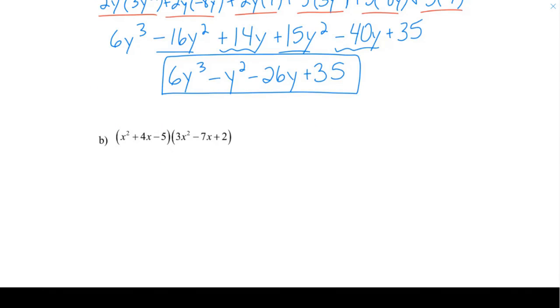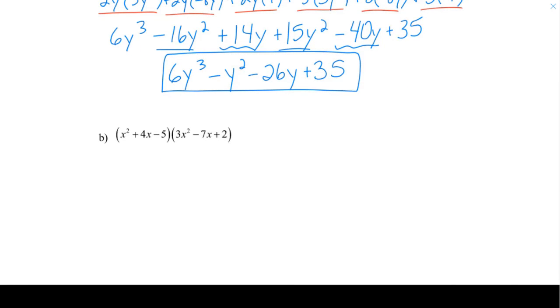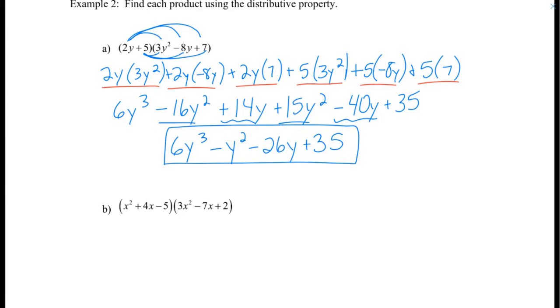All right, let's finish it off with probably the most complex type of problem that we're going to do. We probably will never do anything more than a trinomial times a trinomial in here. This is kind of the most that we will do. I'll warn you ahead of time, you're going to want to write kind of small for this, because if you notice in the previous problem, when we multiplied a binomial times a trinomial and simplified, we ended up with 6 terms.